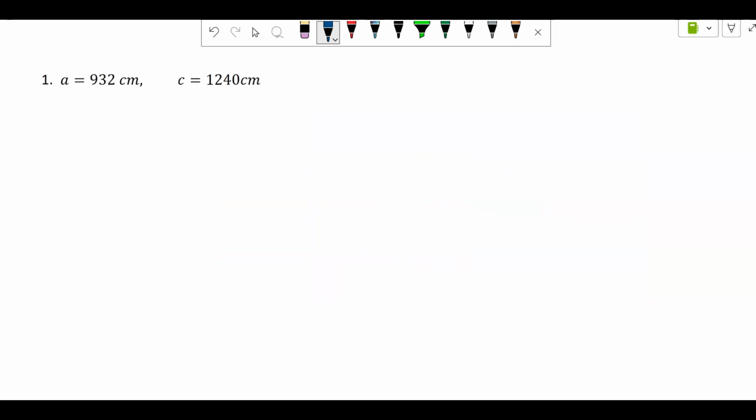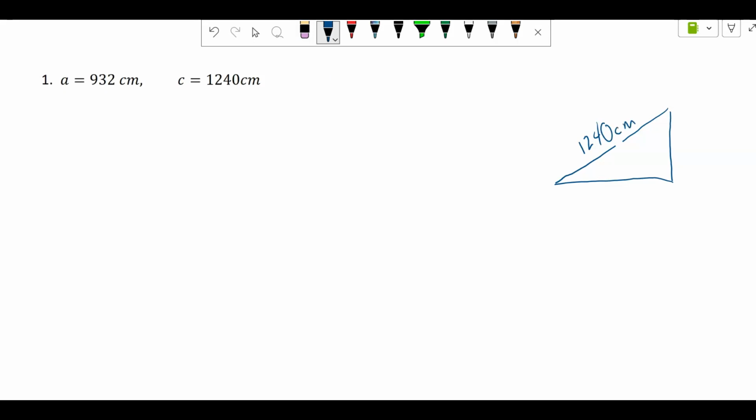So let's do an example. We are going to solve a right triangle given that side a is 932 centimeters and side c is 1240 centimeters. So let's give ourselves a quick little diagram. It doesn't have to be perfect or to scale. C is the hypotenuse always, so that's 1240 centimeters.